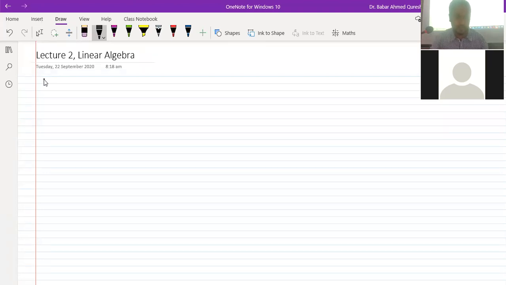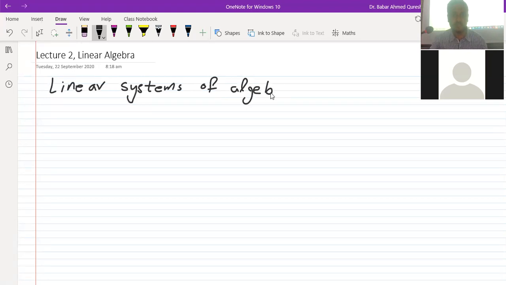So last time we had a look at linear systems of algebraic equations. What does algebraic mean over here? Algebraic for now just means that we are not considering any derivatives or any integrals.